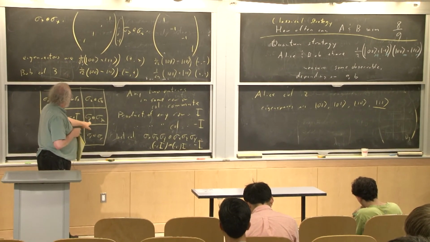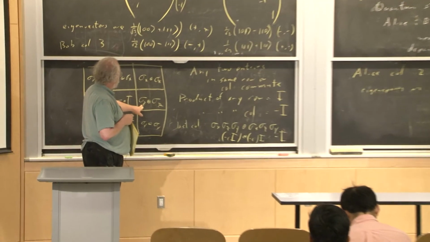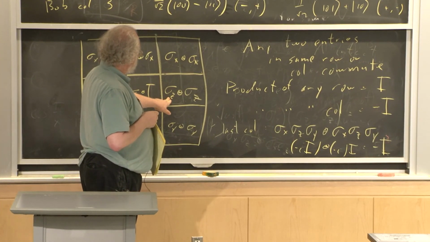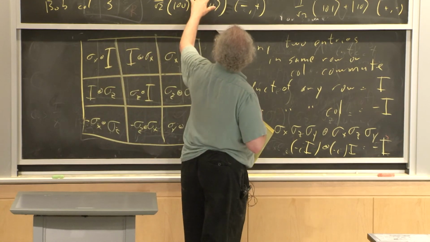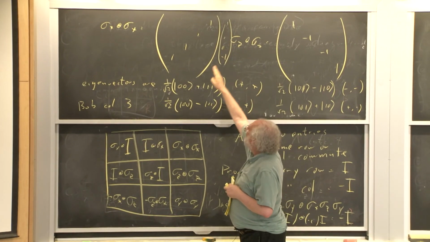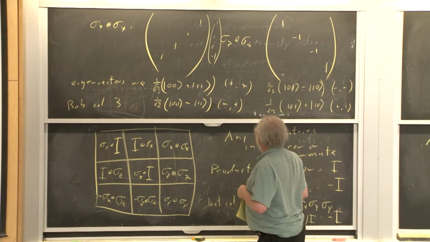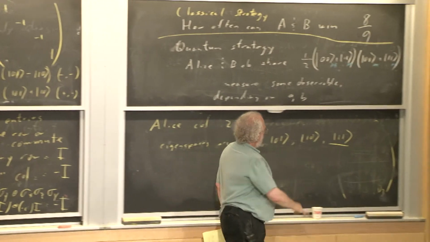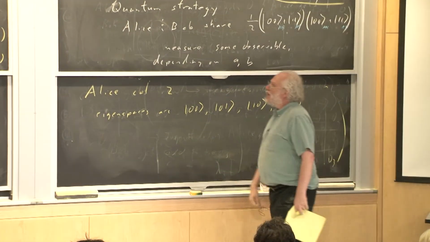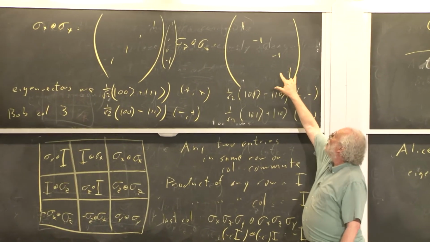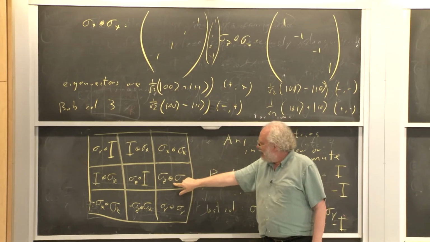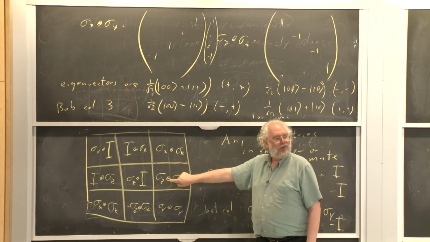But they will agree on this eigenspace. 0, 0, plus 1, 1 is in the plus 1 eigenspace of sigma z tensor sigma z, and 1, 1 is in the +1 eigenspace of sigma z tensor sigma z. So they will agree on the color of this box.